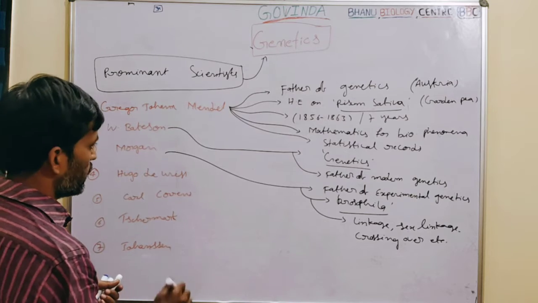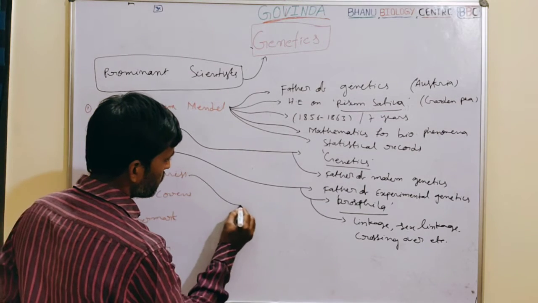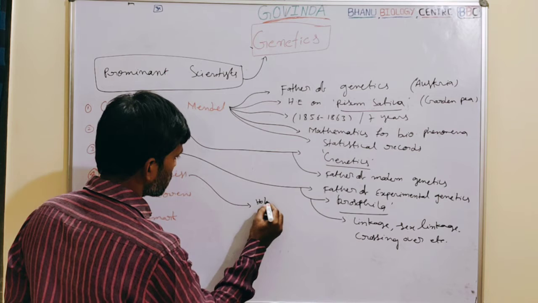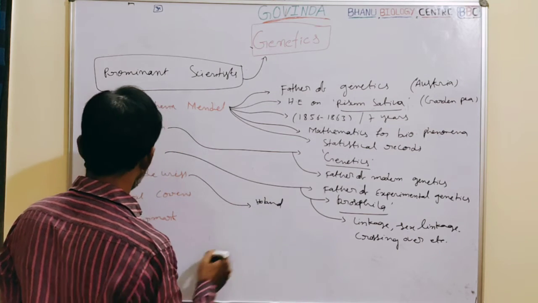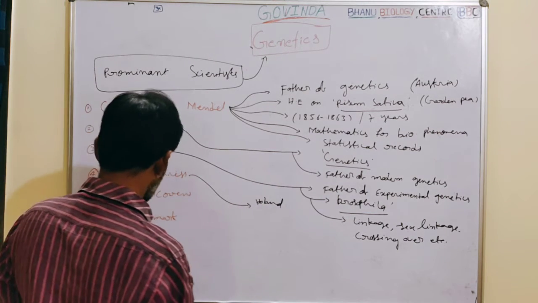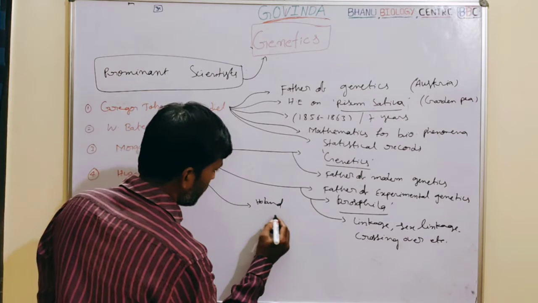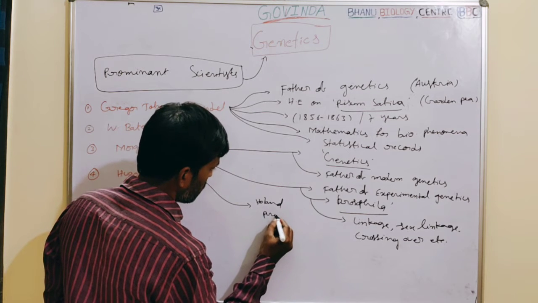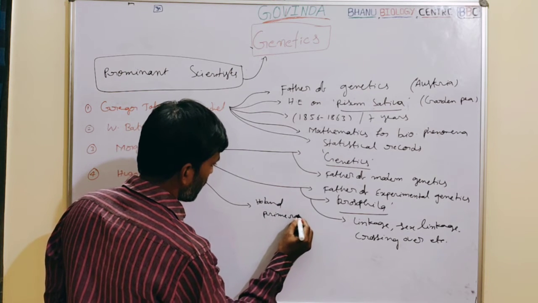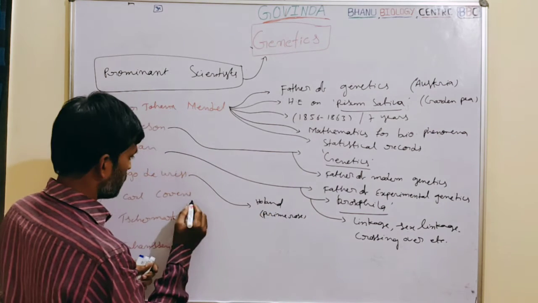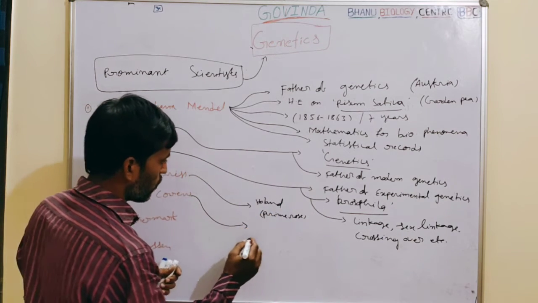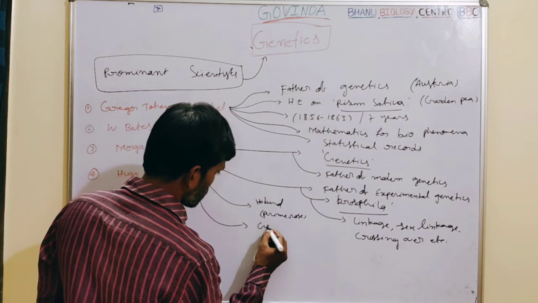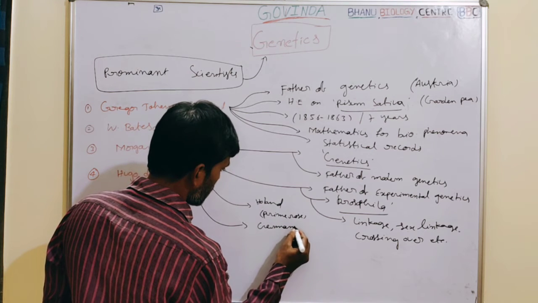Next, Hugo de Vries. He belongs to Holland actually. Hugo de Vries, Holland. He did experiments on the primrose plant. Another person is Karl Correns. He belongs to Germany.